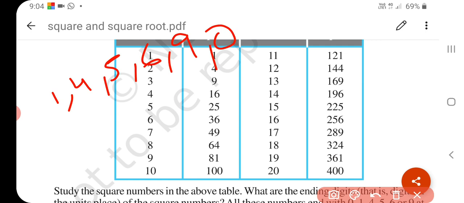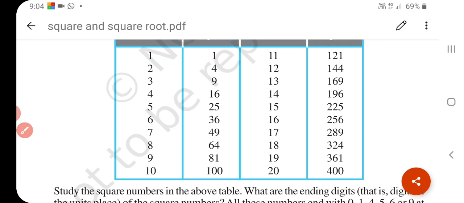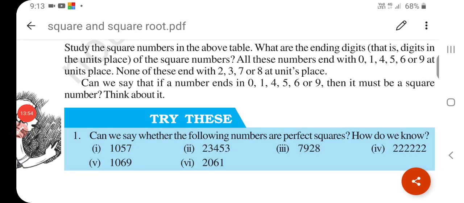Understand? Now, students, it is very interesting. Whenever you square any number, it always ends with 0, 1, 4, 5, 6 or 9. And if a number ends with 2, 3, 7 or 8, it is not a square of any number. Understand?